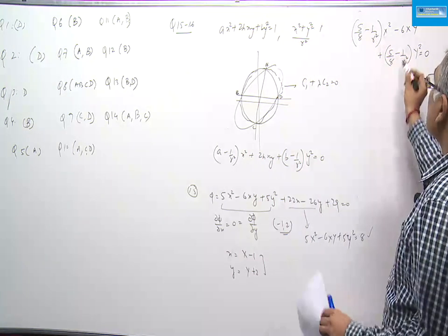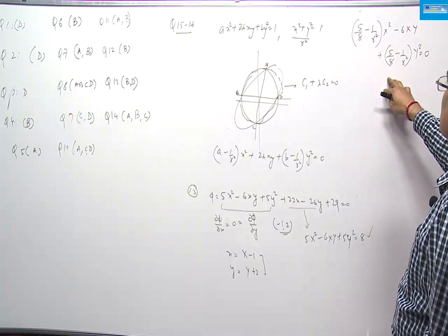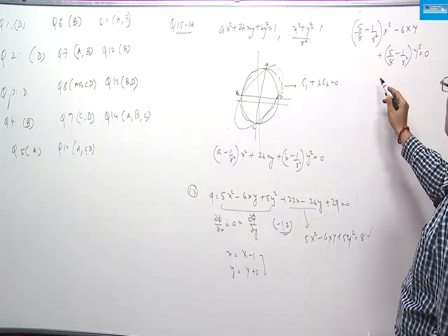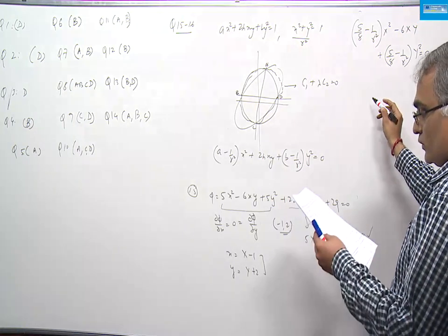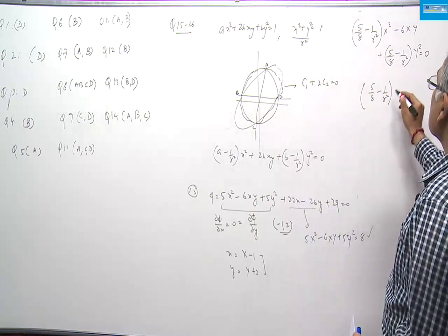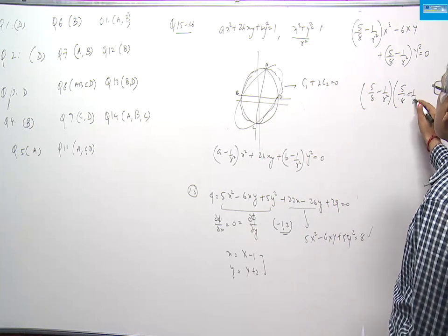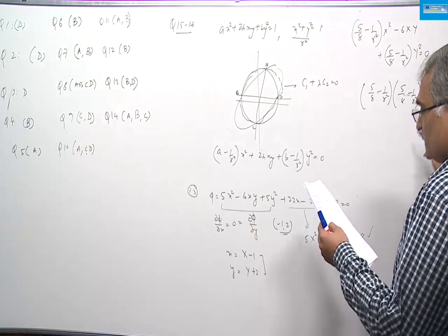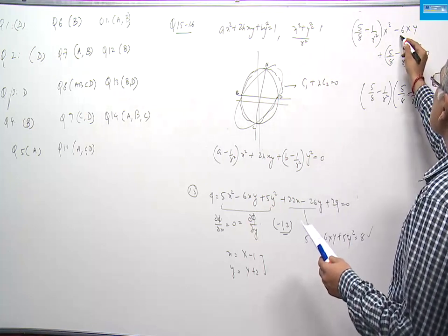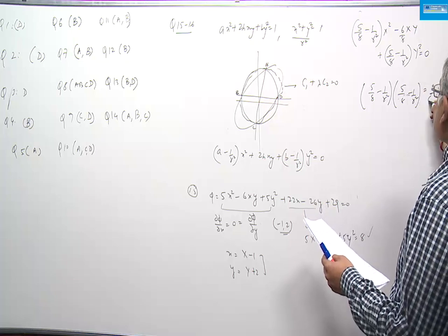Hence, for this equation to represent coincident major axis or minor axis, 5 by 8 minus 1 by r square times 5 by 8 minus 1 by r square must be equal to h square, that is 6 by 8, 3 by 8 square, that is 9 by 64.